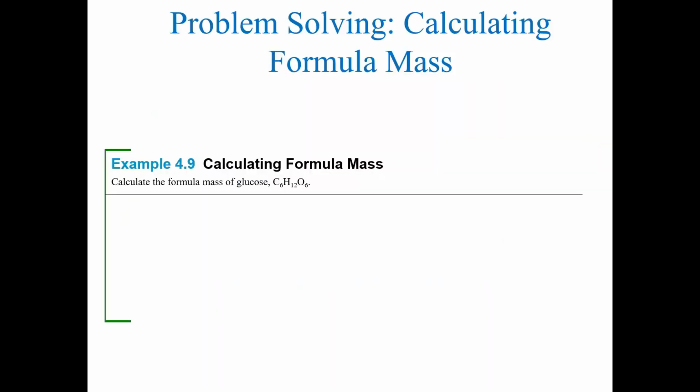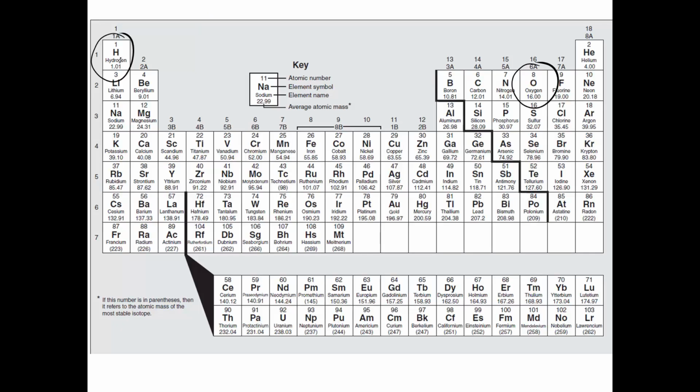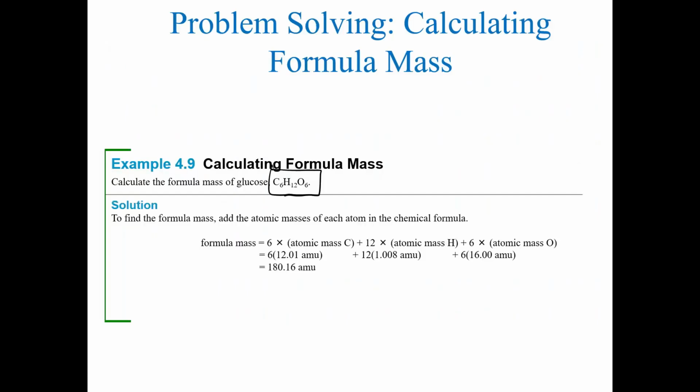And so if we were to calculate the formula mass or molecular weight of C6H12O6, we need to find the average mass of carbon, hydrogen, and oxygen. So here we have hydrogen already and oxygen, and carbon is 12. And then all you need to do is multiply that out, right? We have 6 times the atomic mass of carbon plus 12 times the atomic mass of hydrogen plus 6 times the atomic mass of oxygen.